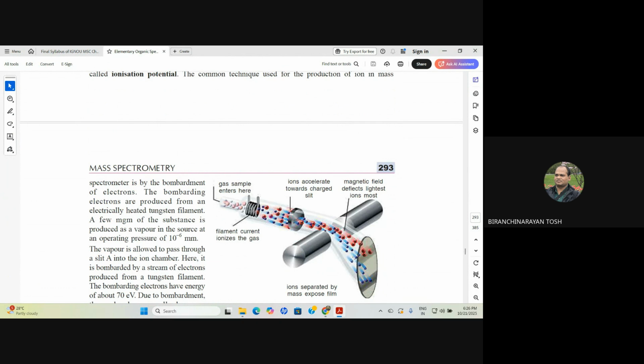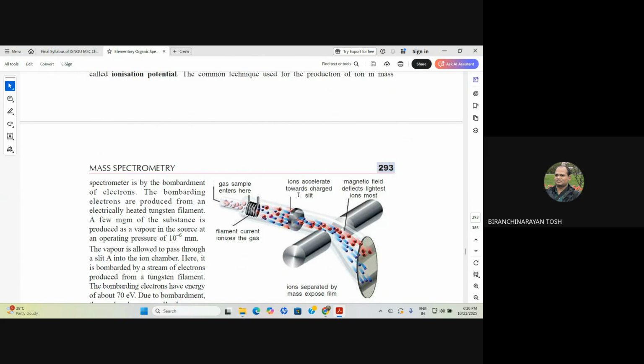That change in path depends upon the mass. As the m/e ratio for different fragments is different, their path or diversion will be different. Then we have to separate those ions and we will detect them.